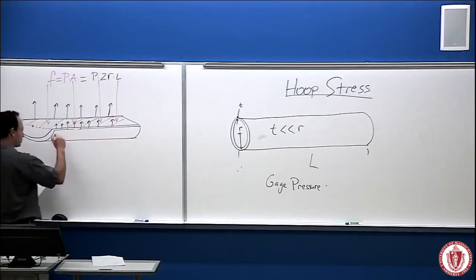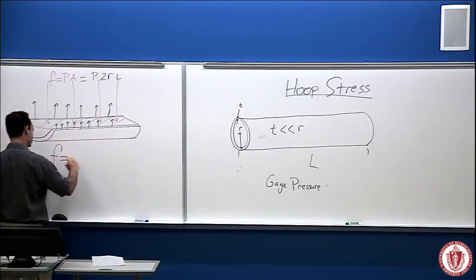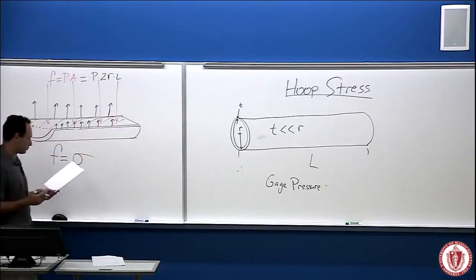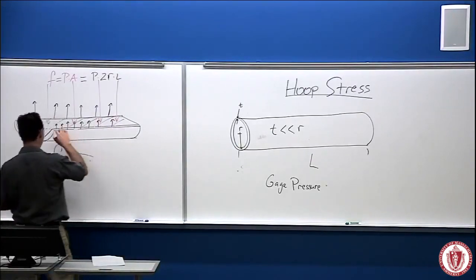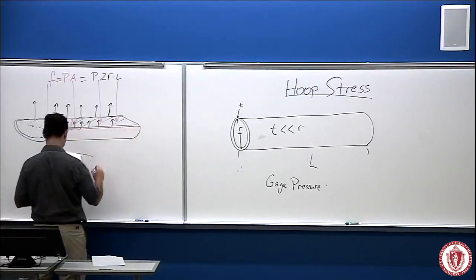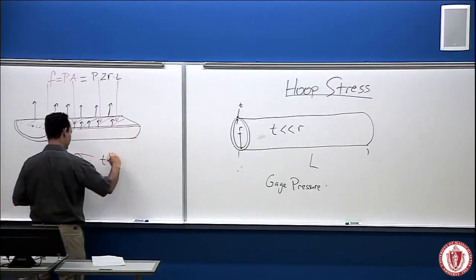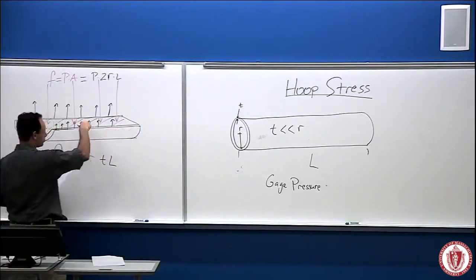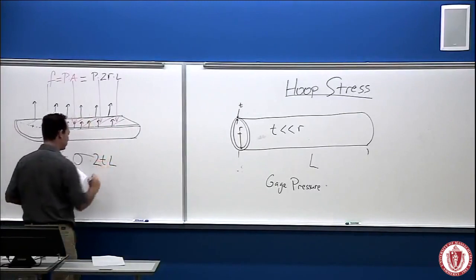The force that's holding this thing together is equal to the stress, because that's force per area, times the area of this thin section here, which is the thickness times the length. This is a little thin rectangle, but there's two of them. There's one on either side, so there's a 2 here.